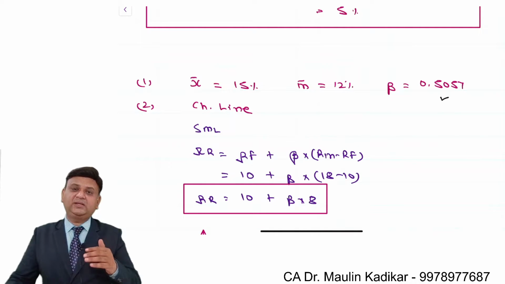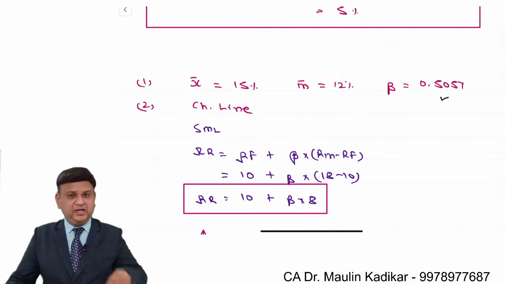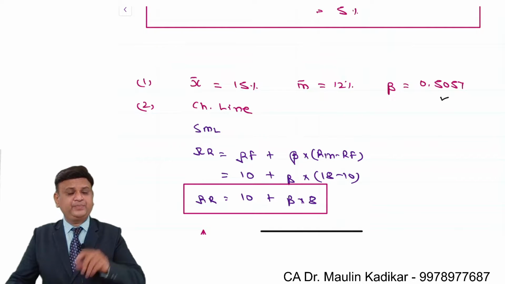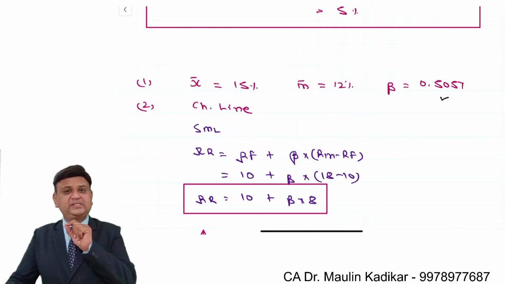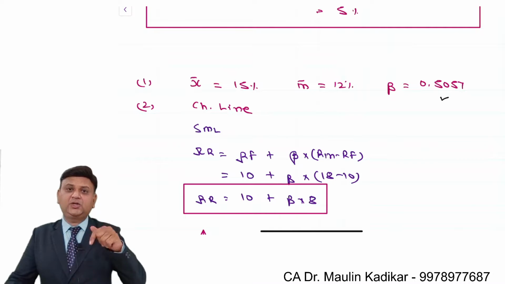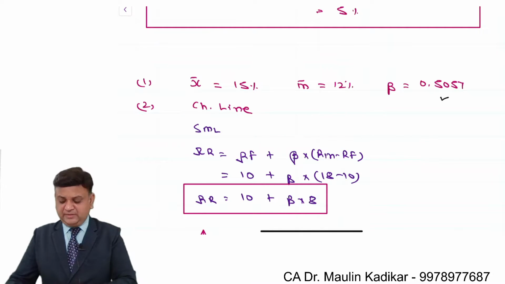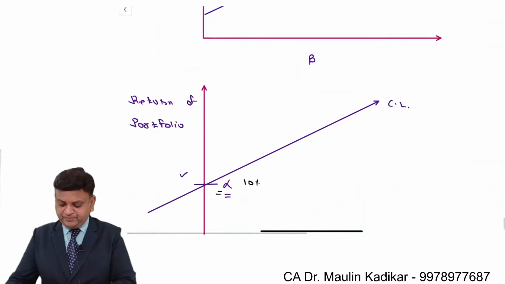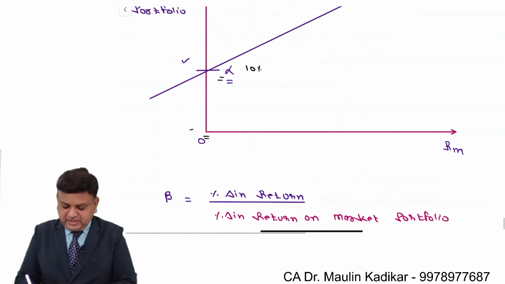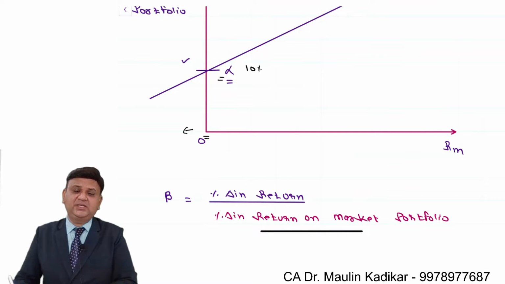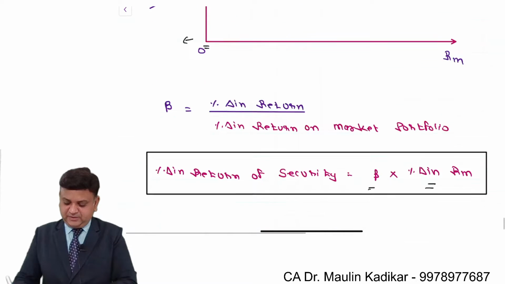If at all the market return increases by 10%, you are expecting 10 into 0.5057, that is 5.057% increase in the return of your portfolio or return of your investment. At the same time, if at all the market is falling down, then in that case you are expecting the proportionate change in the return of your security.